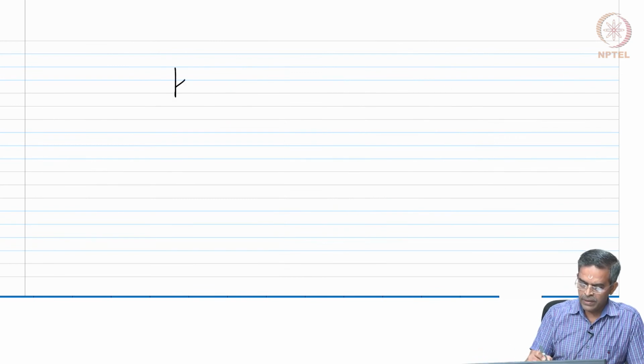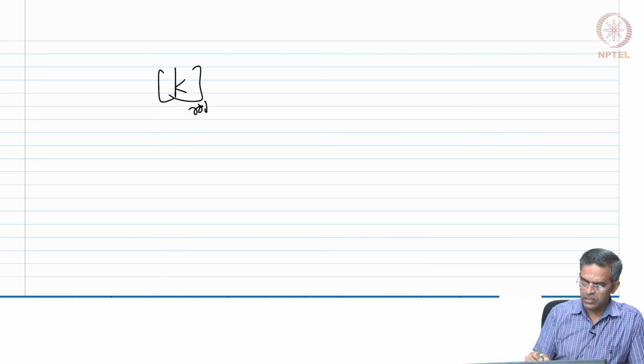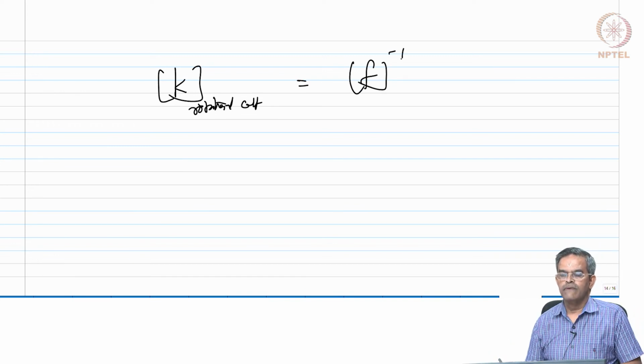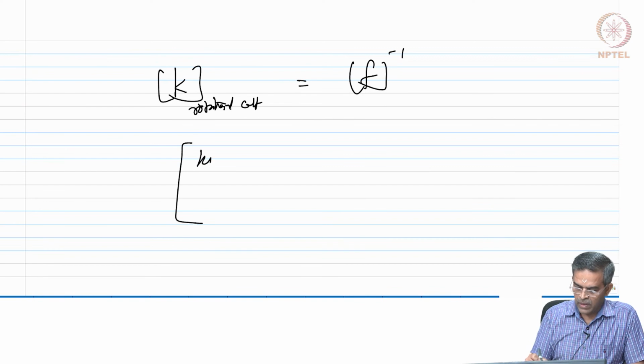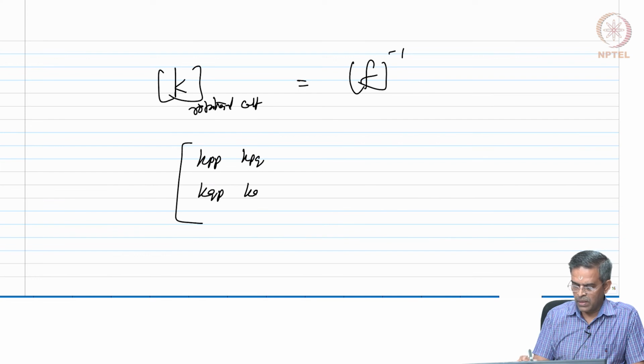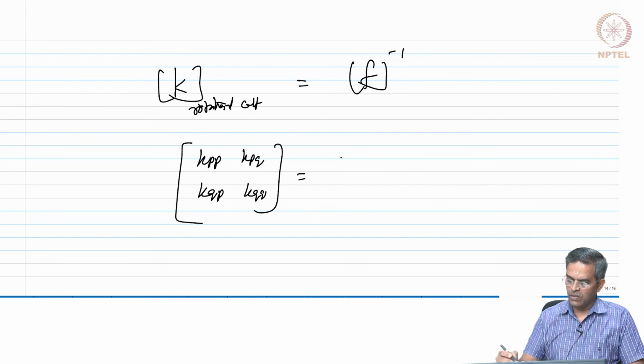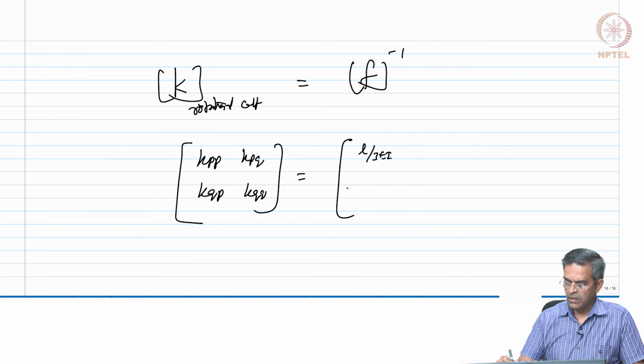I want to find the stiffness matrix of rotational coefficients, which will be inverse of this matrix. So, that will be KPP, KPQ, KQP, KQQ, which will be, you can take inverse of this, which is L by 3EI, minus L by 6EI, minus L by 6EI and L by 3EI inverse.